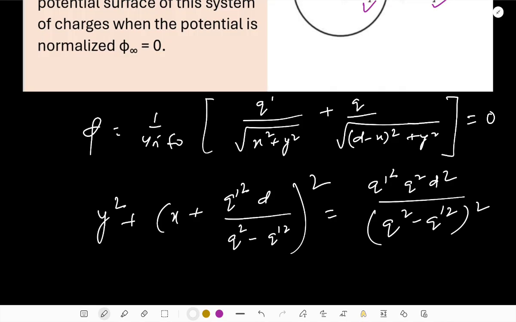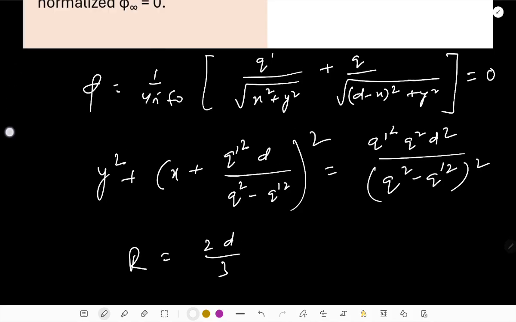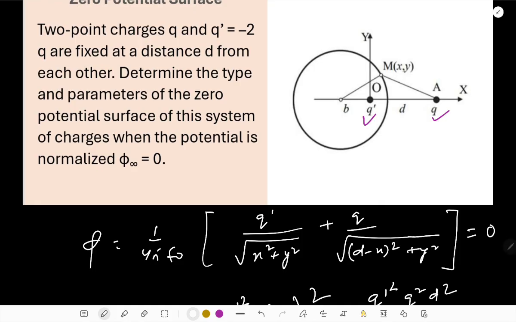I guess after putting all these values, you are going to get a circle and get the radius of the circle. In this case, you are going to find 2d by 3, and you will have your circle in the xy plane, and there is a sphere.